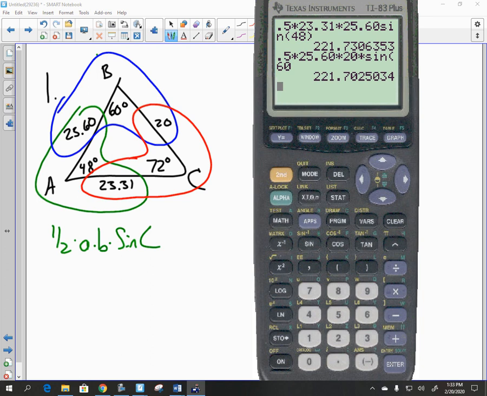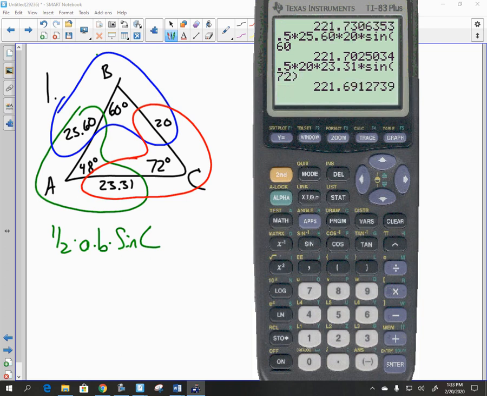Did I mess it up? And that just has everything to do with how we rounded the sides. And then the last one, I do 0.5 times 20 times 23.31 times the sine of 72. And I get 221.7.